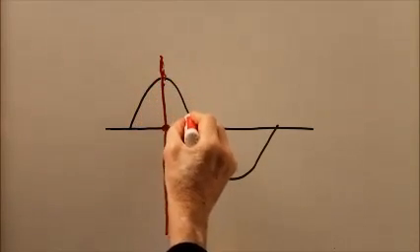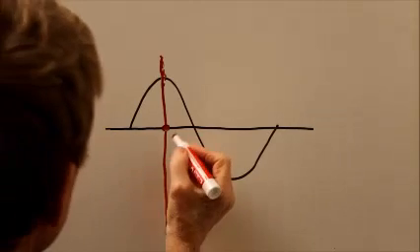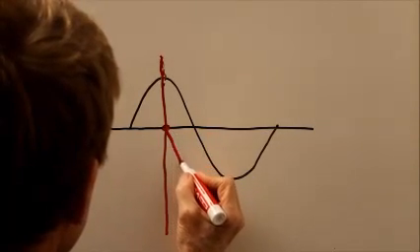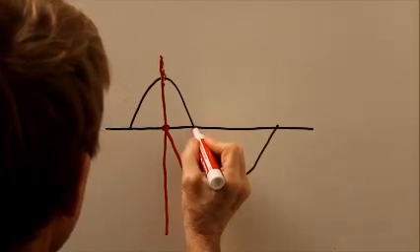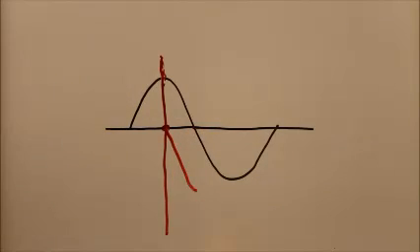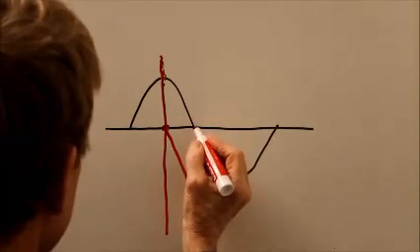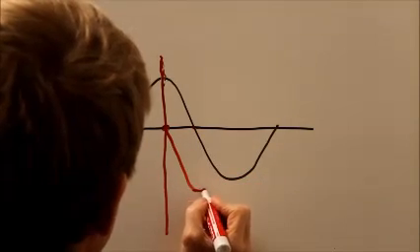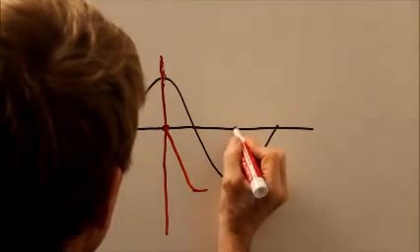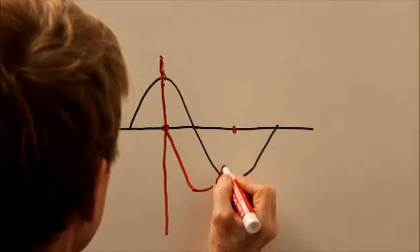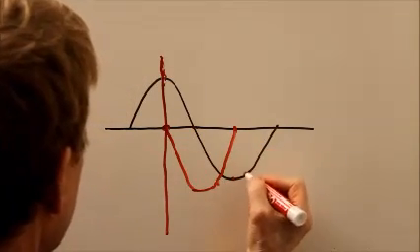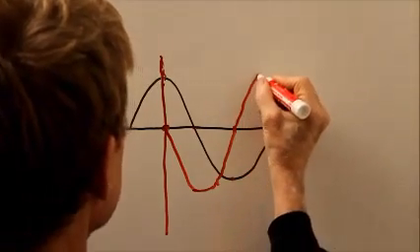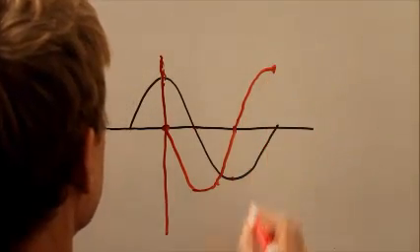The slope here starts to go negatively, so the derivative becomes negative and reaches its maximum negative value where the slope of the curve reaches its maximum negative value. Then the slope starts to get less and less negative, returning to 0 right here. Then the slope becomes positive and reaches its maximum positive here.